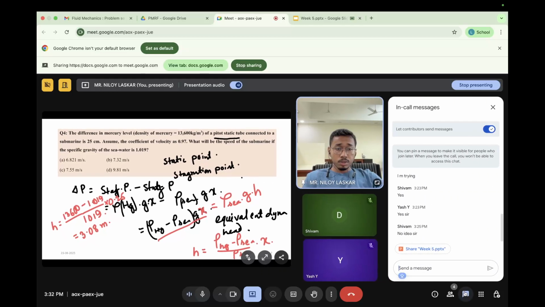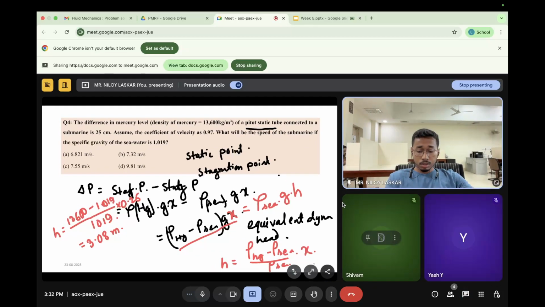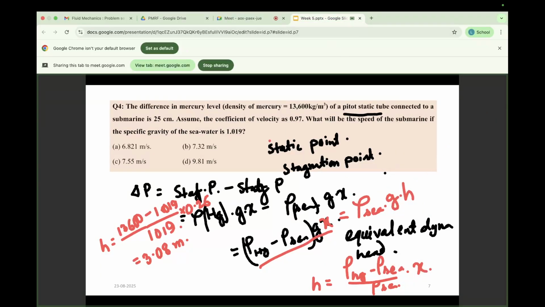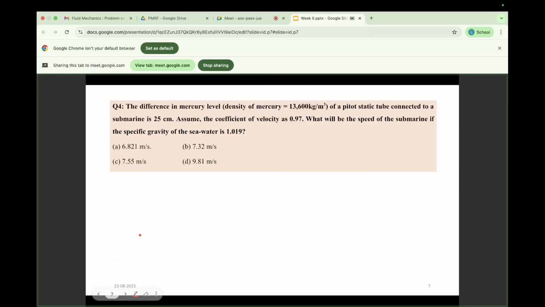So someone has responded. Okay, so I think there is a little bit of confusion among you. So see, I am just drawing this pitot tube for your better understanding.